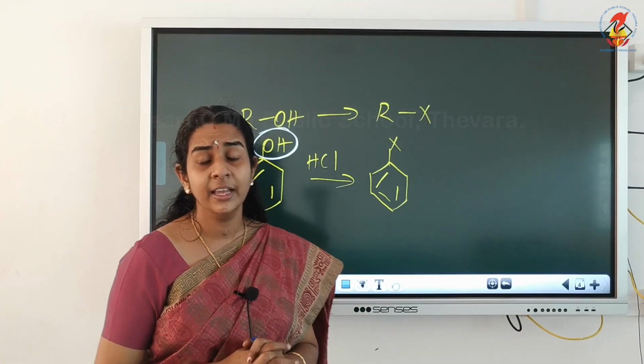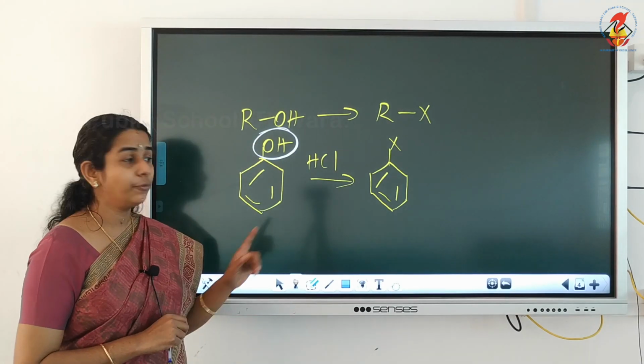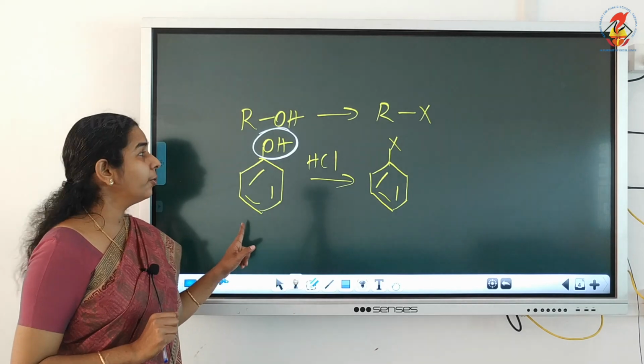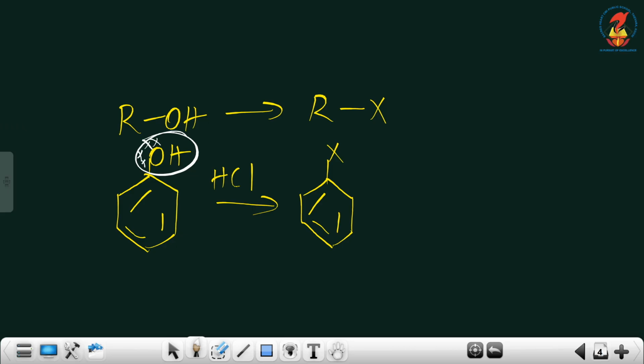The reason is, if we want to prepare an aryl halide, we have to take, what is this compound name? Phenol. But in phenol, we know that there is resonance. There are lone pairs on oxygen and these lone pairs are involved in resonance with the benzene ring.